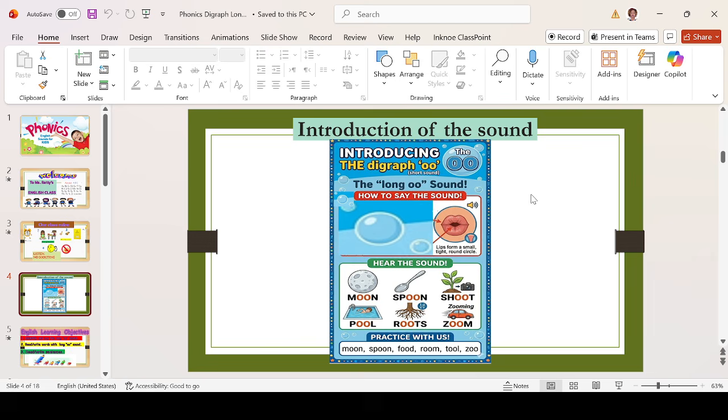So can you see here? You need to shape your mouth like this. Okay, you make a small round circle. Can you try to do that? And make the oo sound. Oo sound.